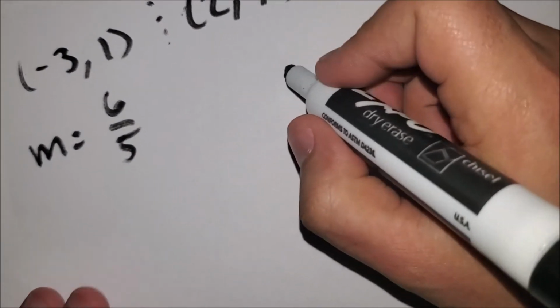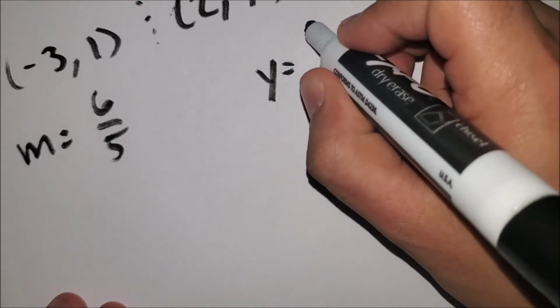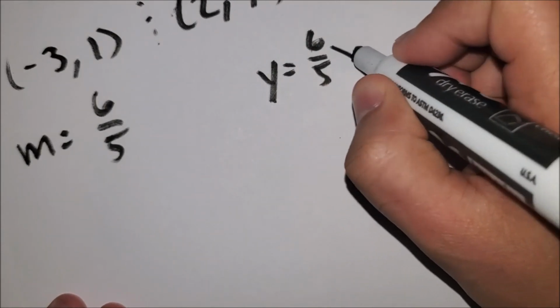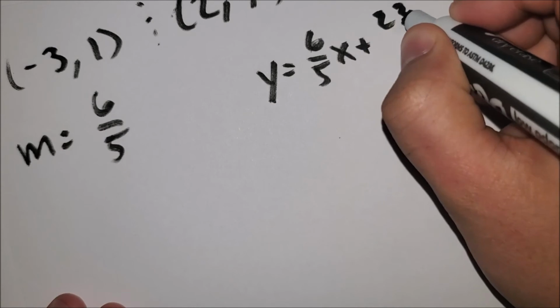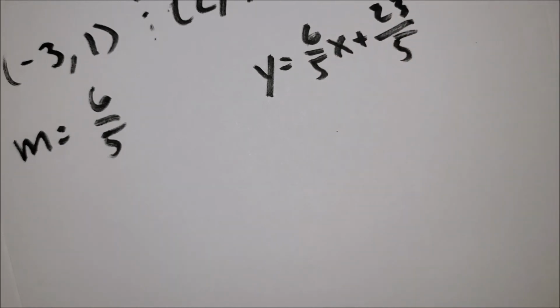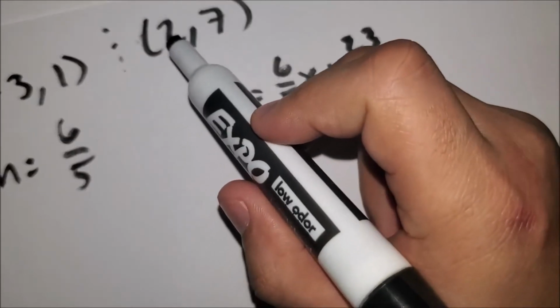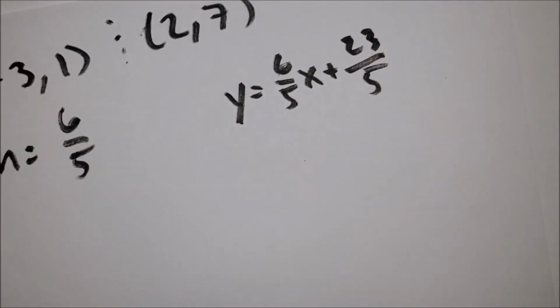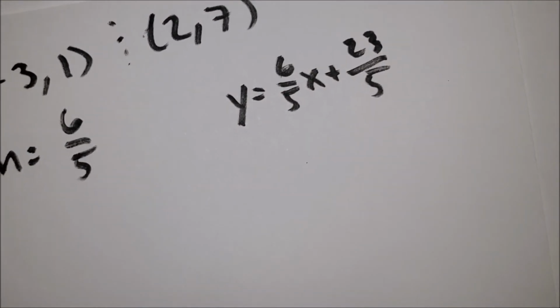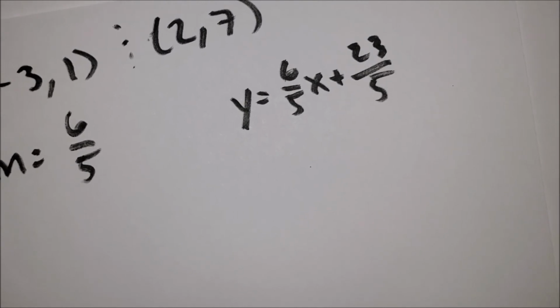And when we wrote out our equation, we got y equals 6 over 5x plus 23 over 5. So would we have gotten this same equation if we had used 2, 7 instead of negative 3, 1? So let's go ahead and do the same problem using a different point.